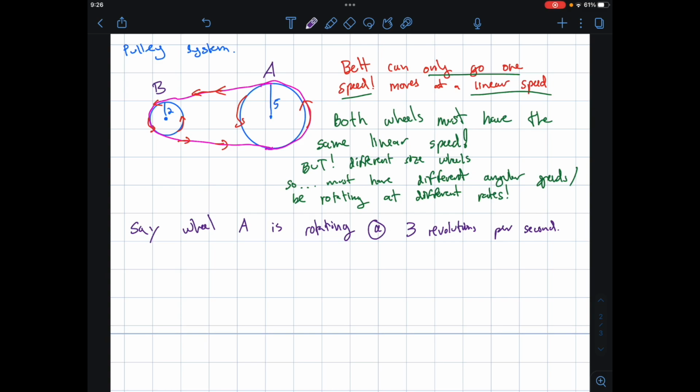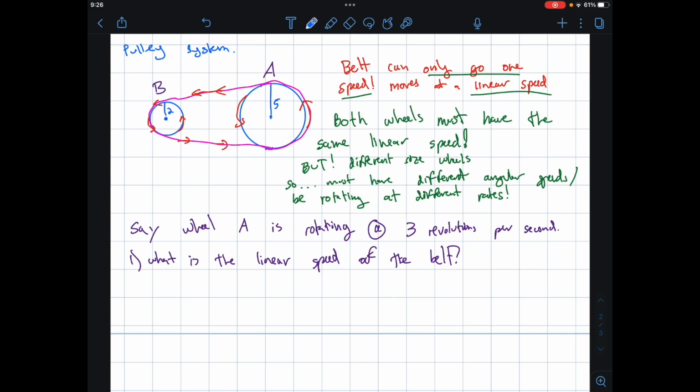First, what is the linear speed of the belt? Well, the linear speed of the belt is going to be the same as the linear speed of A. So let's calculate the linear speed of A.